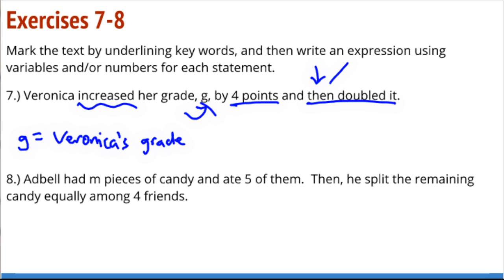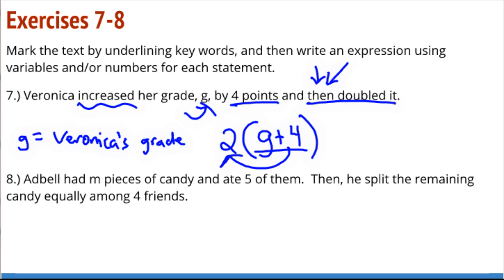See, I love these words here. It gives me some idea of order. So she had a grade. She increased it by 4. And after she increased it by 4, she then doubled it. Yes, we need the parentheses on this one to indicate that she first increased by 4 and then she doubled it.